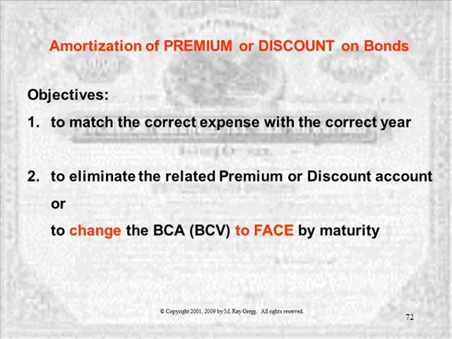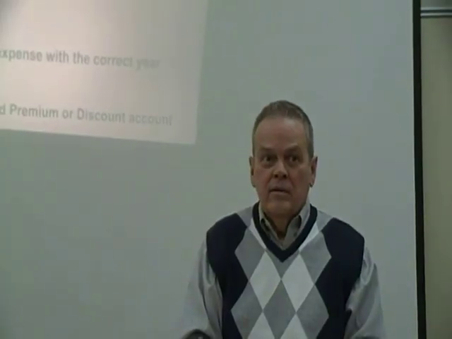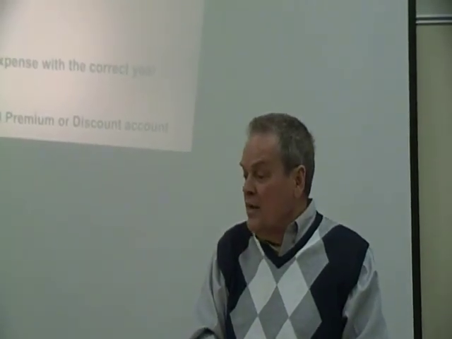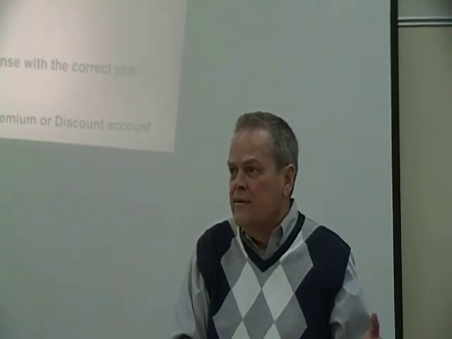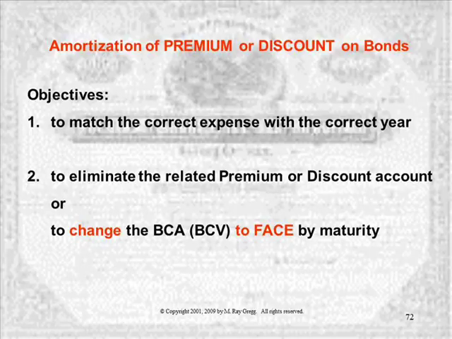And to eliminate premium or discount. We've established that already. You told me the balance of discount should be 0 by the time the bond matures. There are two ways to express the second one, and we've experienced it already in the last few seconds. The balance of bond carrying amount should be face by the time the bond matures.